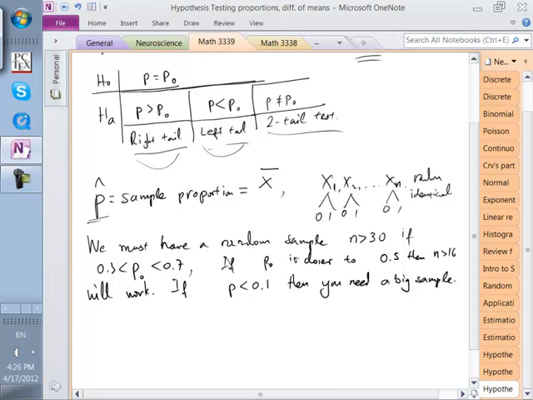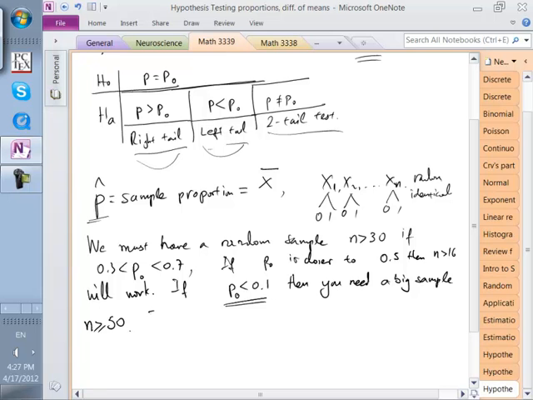But then for the test, you have to invent the test if you use the Poisson distribution, and the Poisson distribution is discrete, so it makes your life more difficult. Since the test I will develop is only for the normal distribution, you really need a big sample. In these cases, the samples have to be greater than 60, even greater than 100. The smaller p sub 0 is, the bigger n must be.